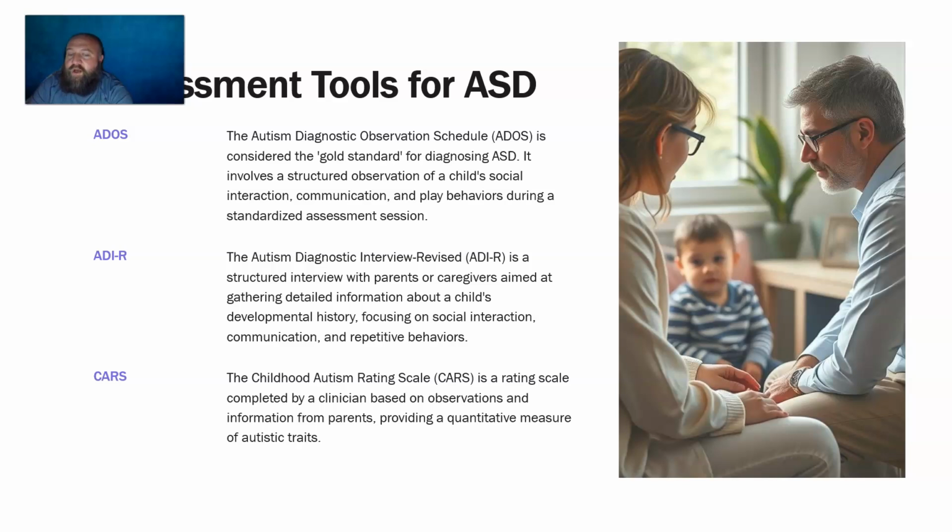Both of them, though, largely involve talking to the parents or caregivers for the child. Whereas the ADOS, even though we'll also talk to parents and caregivers, is based off of direct observations. And again, the ADOS is really the gold standard. It's what, as far as my understanding, a lot of insurance companies are going to require in order for a diagnosis to be made.